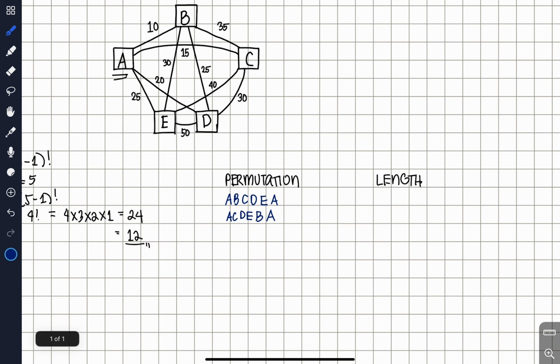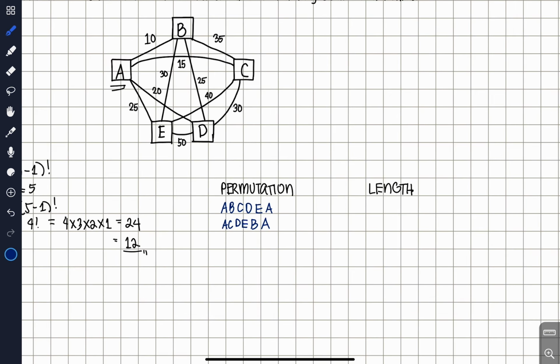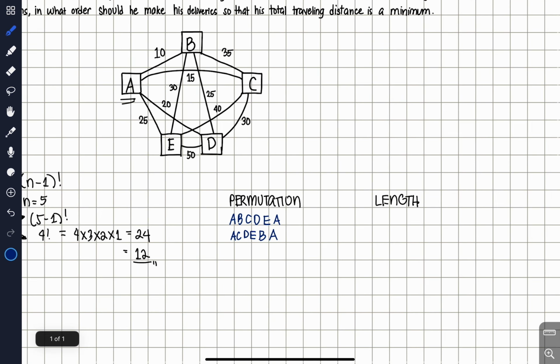I'm just gonna list down all the 12 permutations so that we can get on with it. So you try also to list down based on the figure.